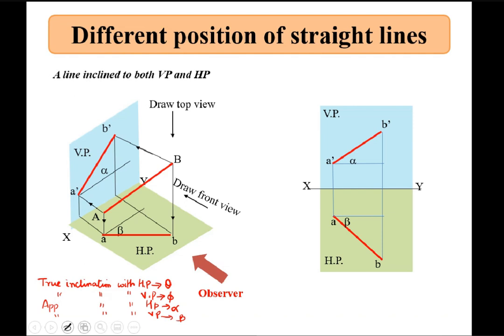So here in the front view that you are going to get, there also you are going to get apparent length or shortened length.